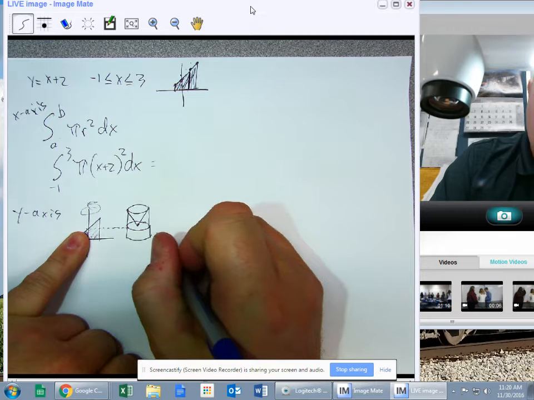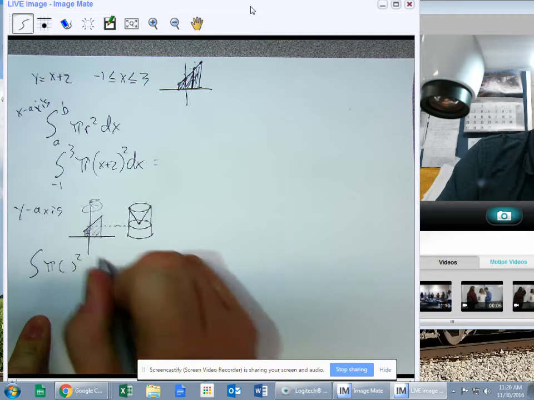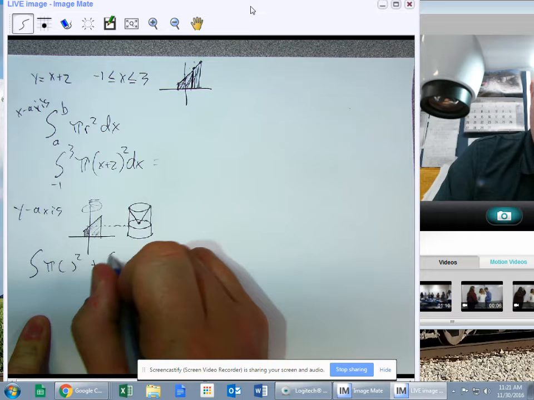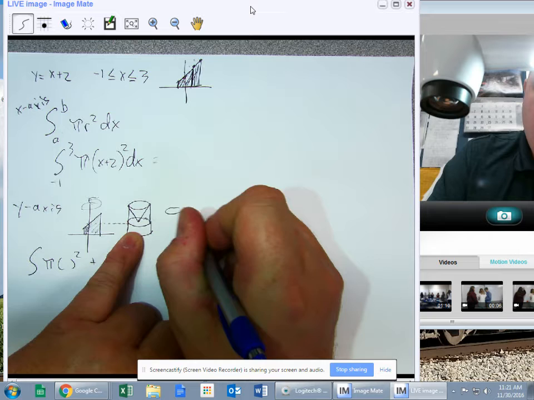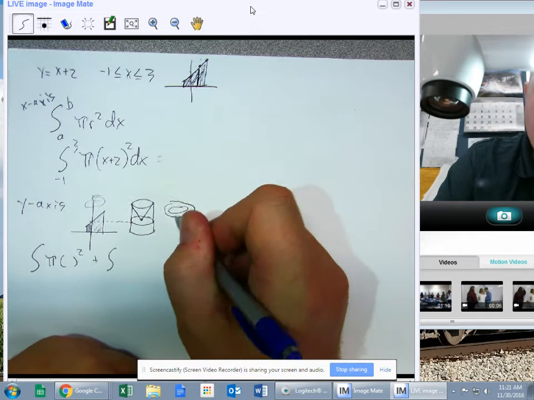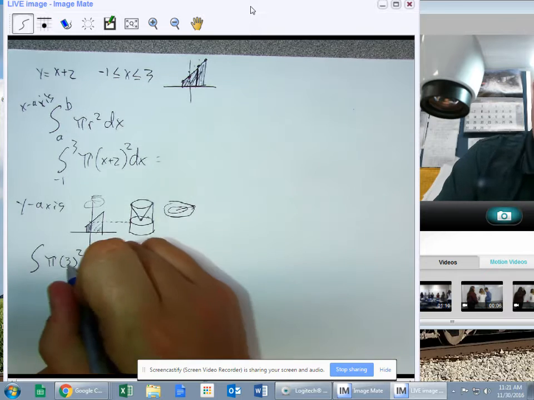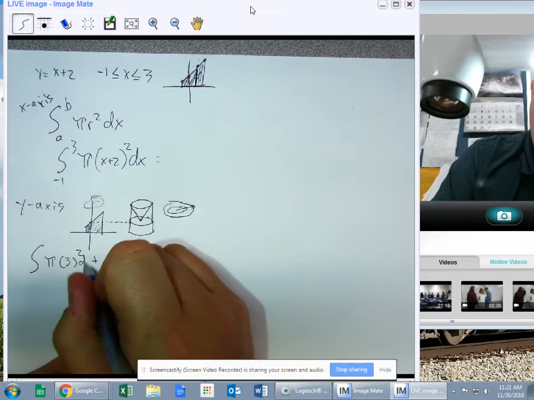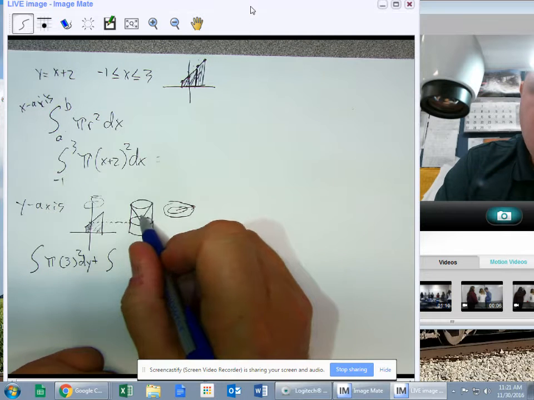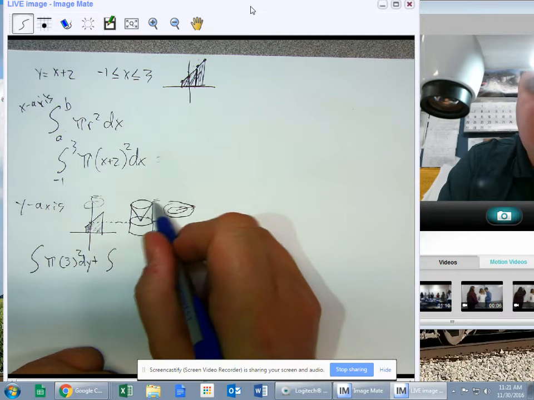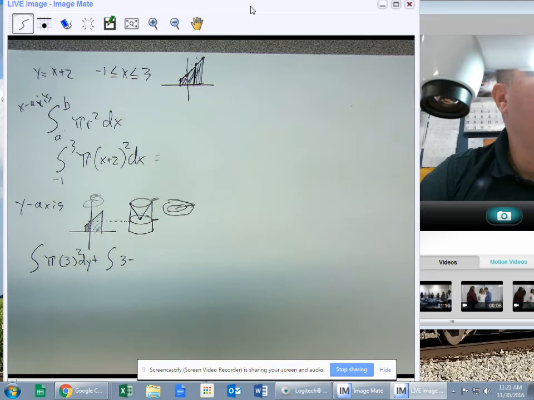So I can say integration of pi r squared plus another up top, but that's going to be a disk. So I'm going to need to find radius. Well, the outer radius the entire way is 3. Since we're going along the y-axis, we're going to use dy. Since we are going up top from here to here, the outer radius is still 3 minus the inner radius.